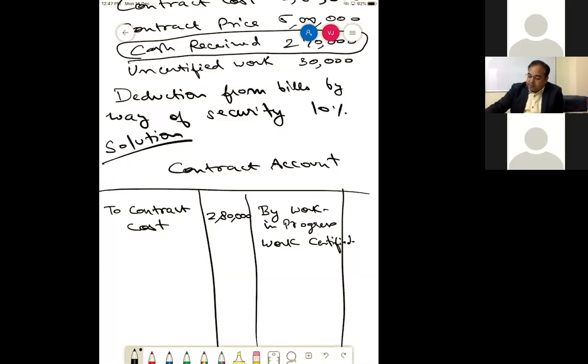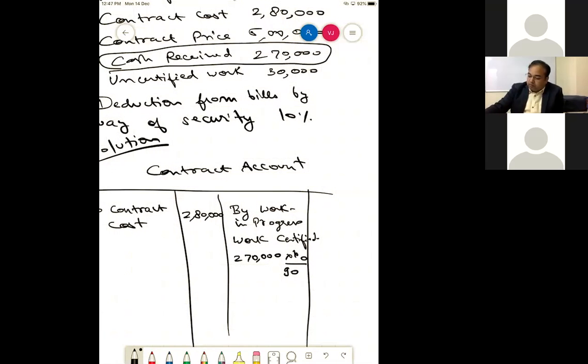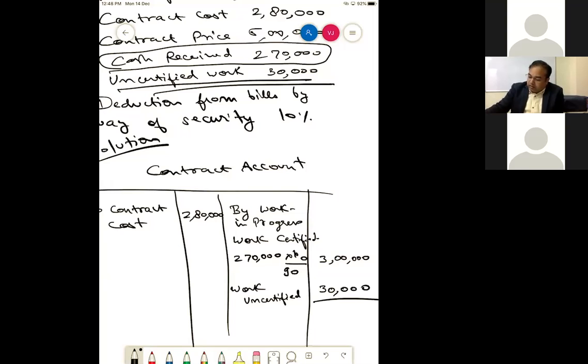You calculate this 2,70,000 into 100 upon 90, that is your 3 lakh, and work uncertified, that is given in the question, uncertified work 30,000. Total it up, you get 3,30,000.